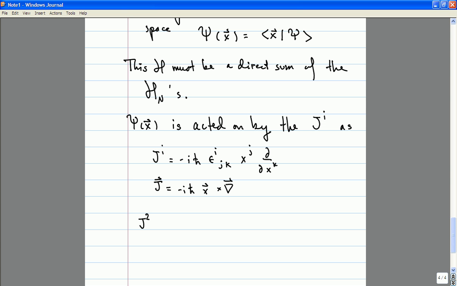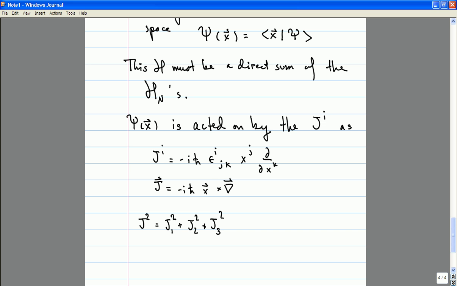So the thing that we want to do in this case is work out explicitly what this Casimir is when we act on a particle moving in 3 dimensions using this particular differential operator.